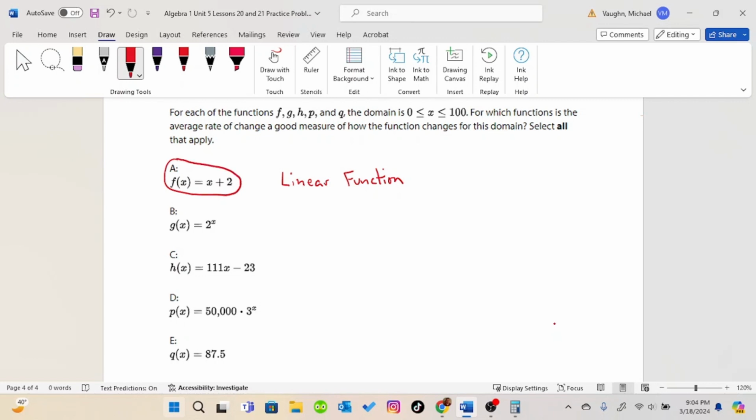Choice B. G of x equals 2 to the power of x. This is an exponential function.